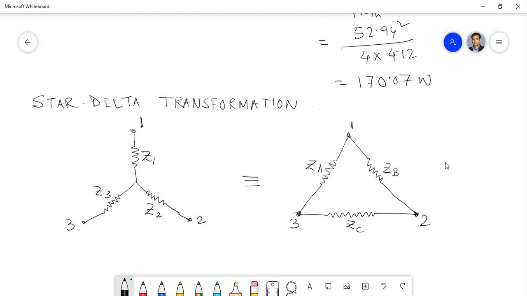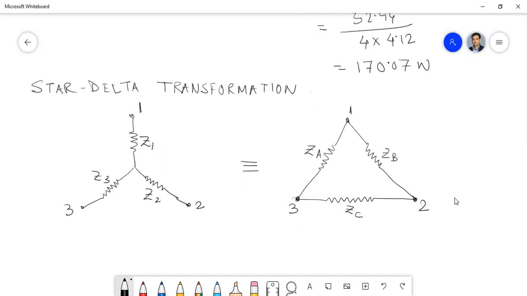So how can we relate this? That is the question. Got my point? So this connection of resistances, how does it look? It looks like a star, and this one is like a delta.